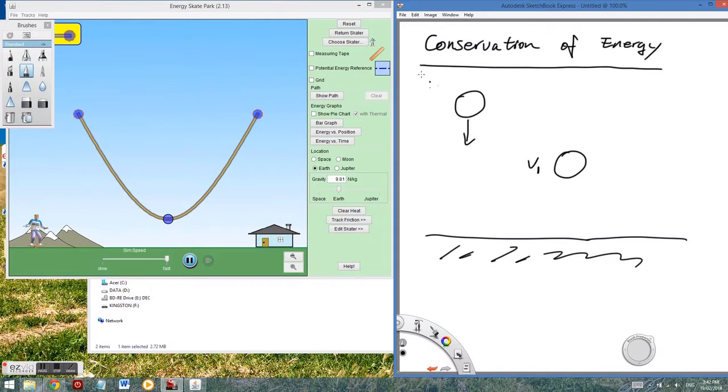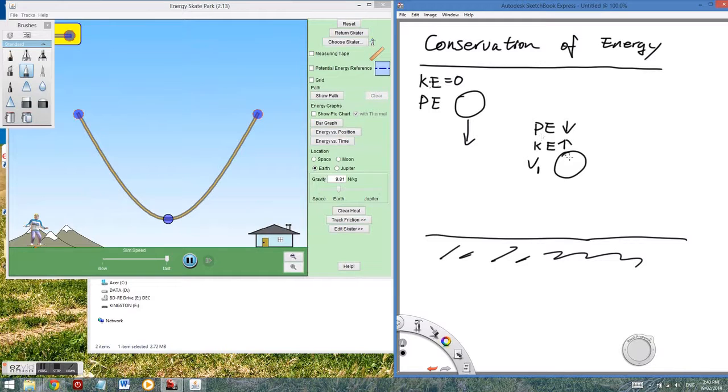Initially, the kinetic energy will be 0 and all of it will be potential energy, a lot. Now at this point, since the ball dropped down, the potential energy decreases, and since the ball moves at a speed, the kinetic energy increases.